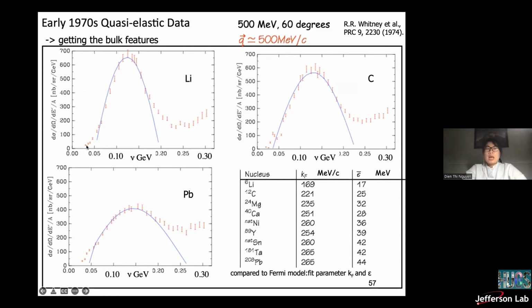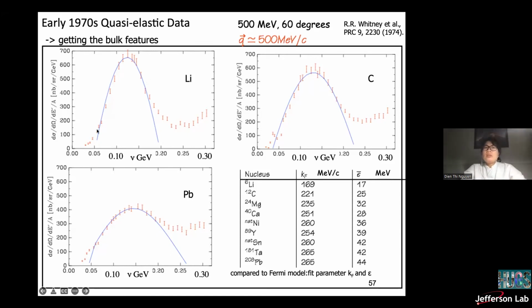You can see the signal, this bump, the peak right here, representing the quasi-elastic cross section. And they are doing a two-parameter fit. That fit depends on two variables: the Fermi motion of the nucleon inside different nuclei, and this sigma right here, which is an offset.